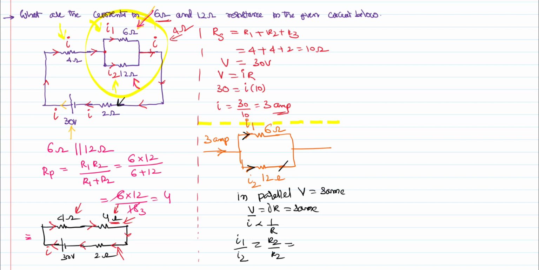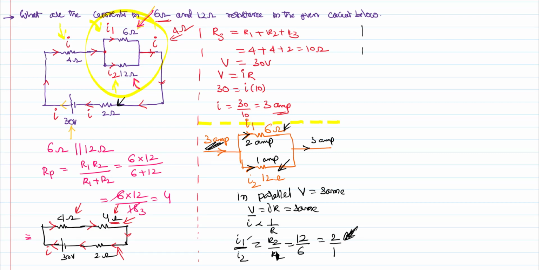R2 is 12, R1 is 6, so 12 by 6, that is 2:1. So the total current of 3 amperes shall be divided in the ratio of 2:1. So 3 amperes divided in the ratio of 2:1, simply this is 2 amperes I1, this is 1 ampere. This 2 and 1 will combine together and become 3 amperes.